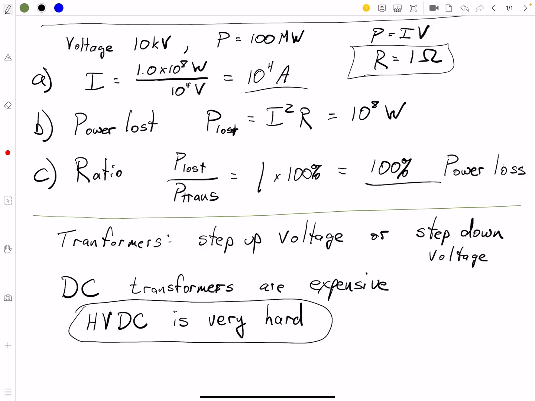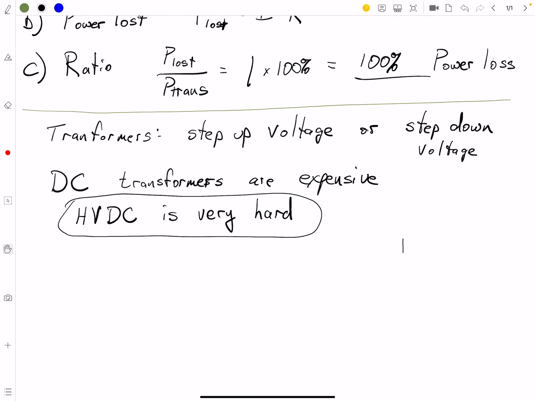But with AC transformers. In fact, they don't even call them DC transformers. I'm doing it because I don't want to complicate things.